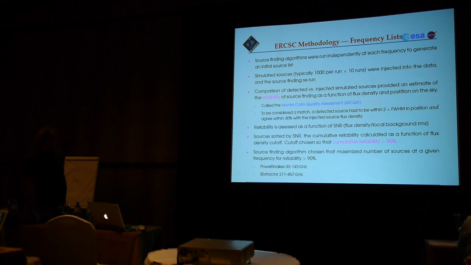Now methodology. Maybe it's not necessary to delve into that, but there were a bunch of source finding algorithms designed to compare all of these regime changes in behavior on the sky maps, and they were checked and compared for efficiency and so forth.